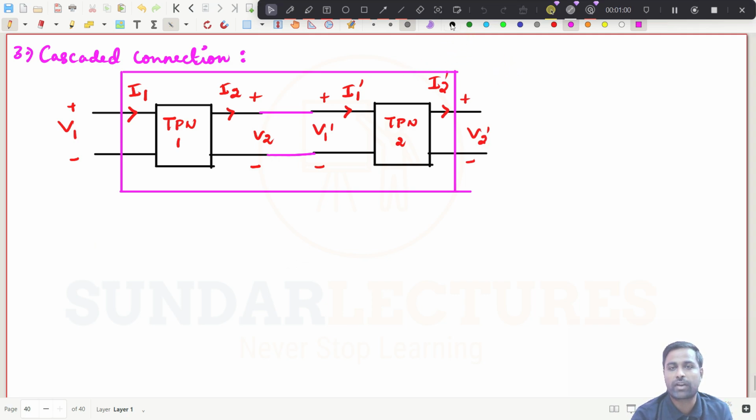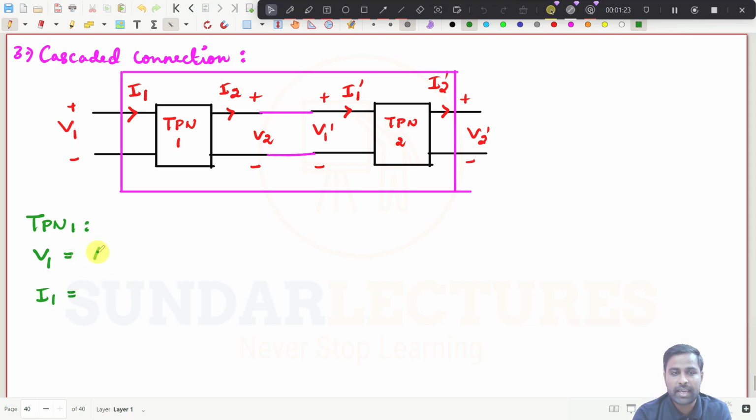We will go for the ABCD parameter. We will try to write the ABCD parameter for two-port network number 1. What will be the ABCD parameter? We know, right? This is V1 and we will write it for V1 and I1. We will always write in terms of V1, I1 with respect to V2, I2, right?